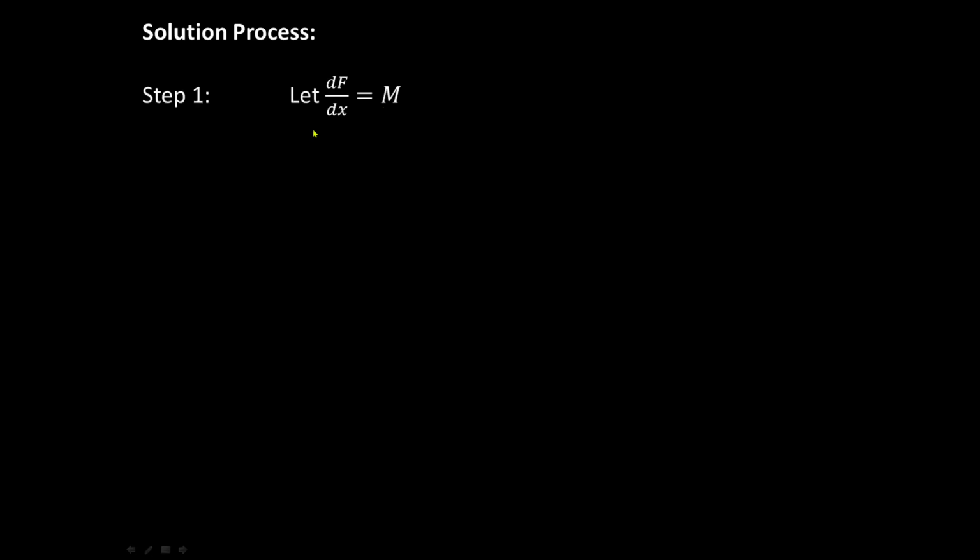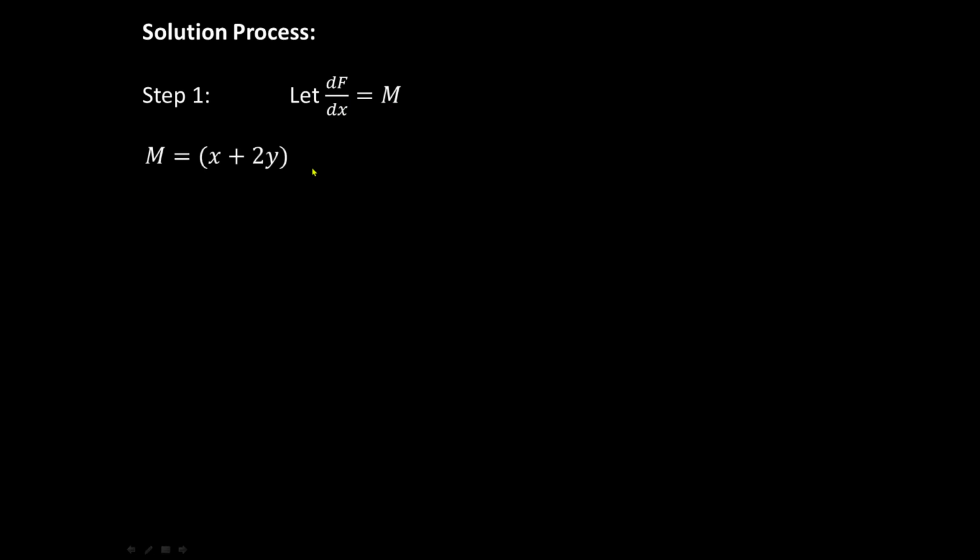Step 1. Lagi nating nire-equate ang value ng m sa the derivative of a function with respect to x. Let df over dx be equal to m. So this is step 1. Tandaan niyo, laging ine-equate ang value ng m sa derivative of a function with respect to x. Now, ano ba ang value ng m? M is equals to x plus 2y.